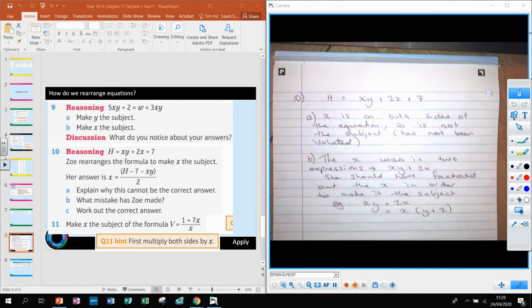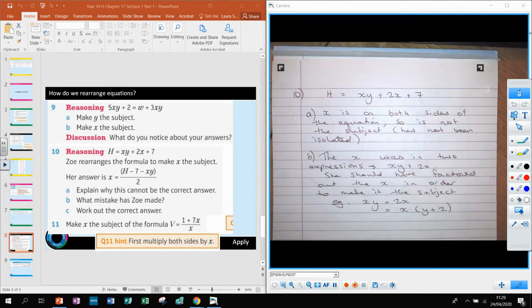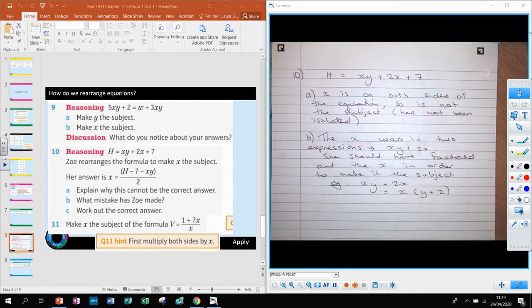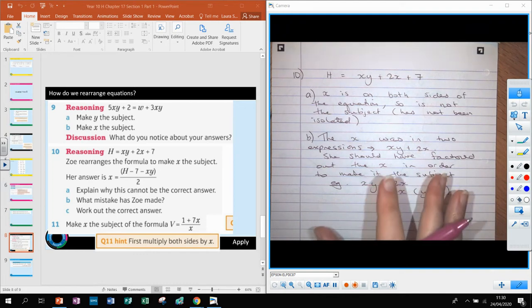Okay, so that explains it to your examiner really well. So let me just repeat that for you. The x was in two expressions, xy plus 2x. She should have factored out the x in order to make it the subject. xy plus 2x would have been equal to x and then brackets y plus 2. Okay, so that is important to explain.